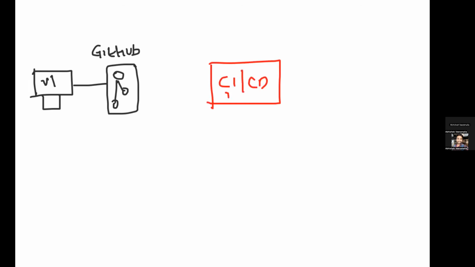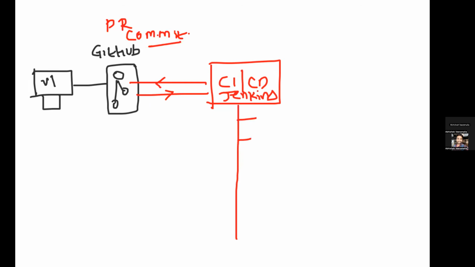For example, we will deploy Jenkins in our organization, and what we will tell Jenkins is to always watch this GitHub repository, and whenever there is a pull request, or a new commit made onto this Git repository on a specific branch, just tell me that there is a change, and I will run a set of actions.